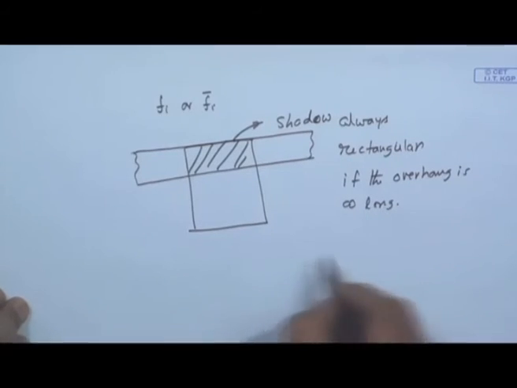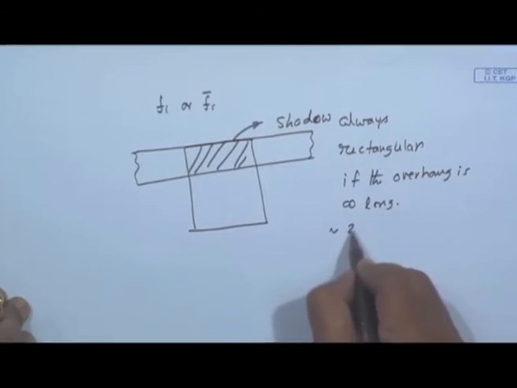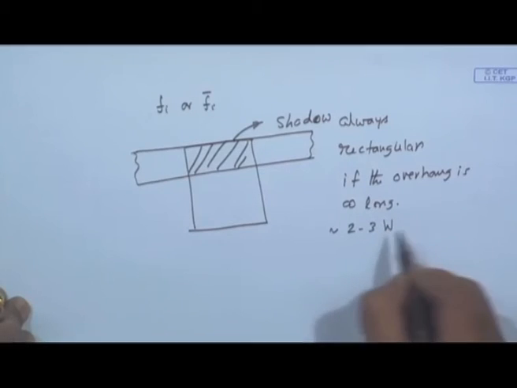This may be achieved with an overhang typically 2 to 3 times the width of the window.